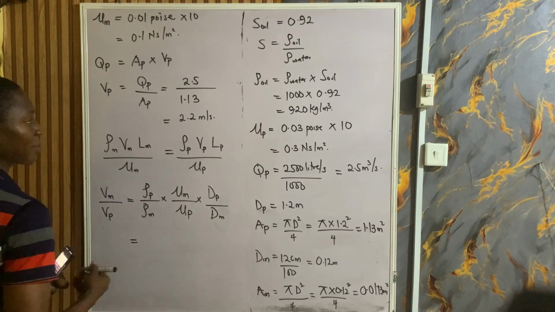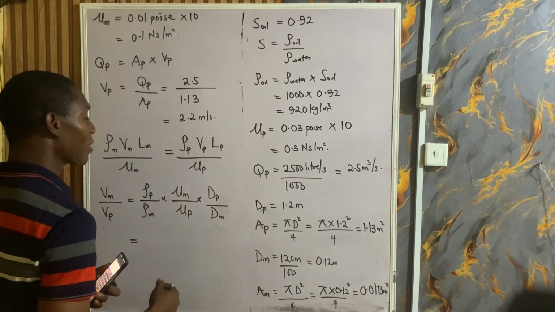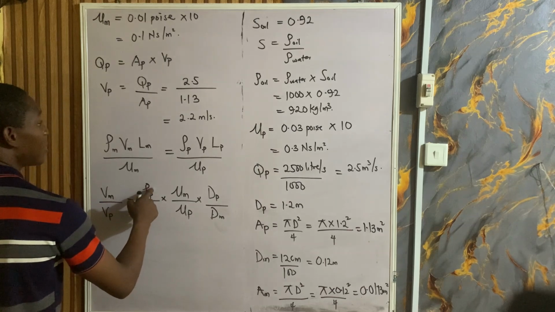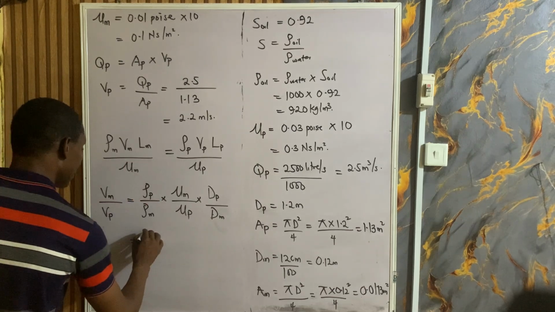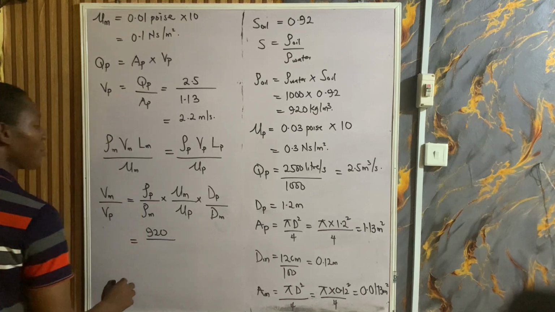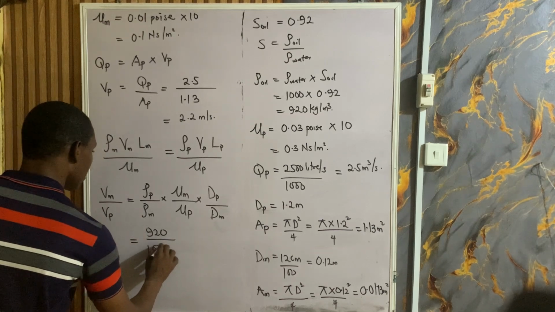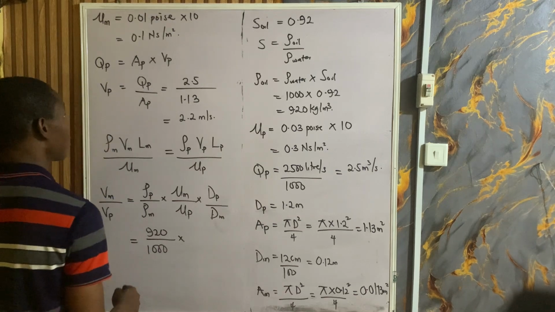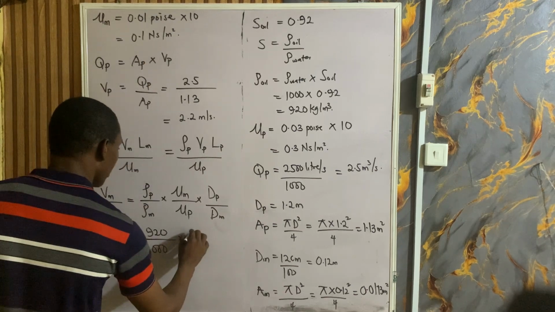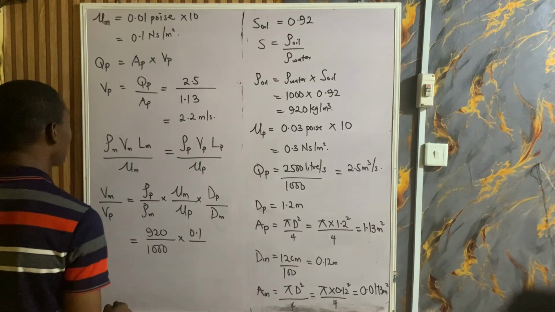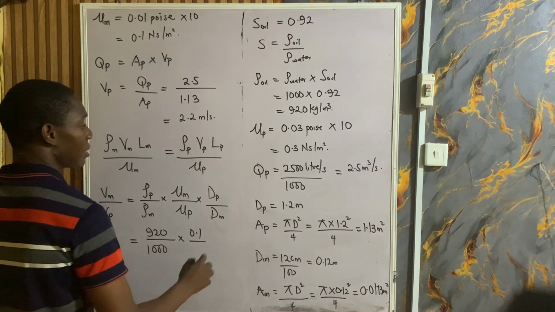What's the density of the prototype? Density of water is given to be 1000. We said that. But this prototype is supposed to be the oil, and the density is 920. So 920 all over density of the model, that is water, 1000, times viscosity of the model. The model is the water. The viscosity is 0.1 all over the viscosity of the prototype, which is the oil.